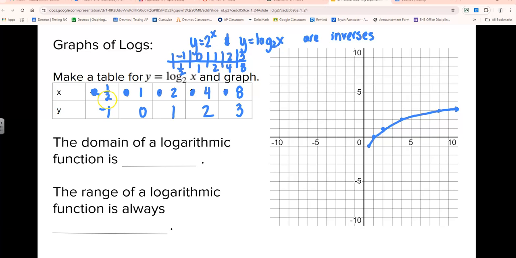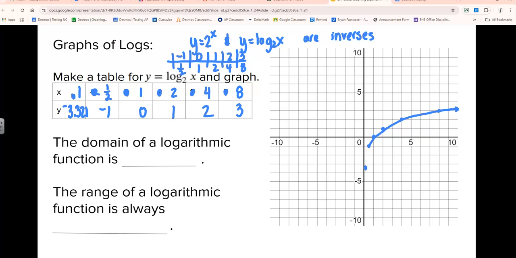What about a number smaller than 1/2? 1/2 is 0.5, right? Try doing log base 2 of 0.1 for me. When you plugged in 0.1, you got negative 3 point what? 3.321. So 0.1, which is really close, is negative 3 point something, right here.